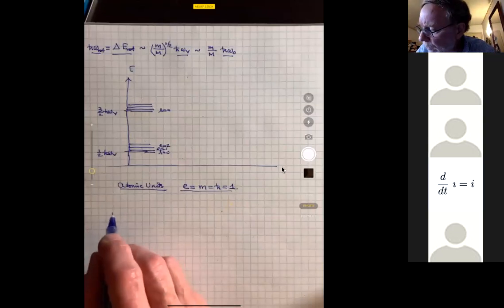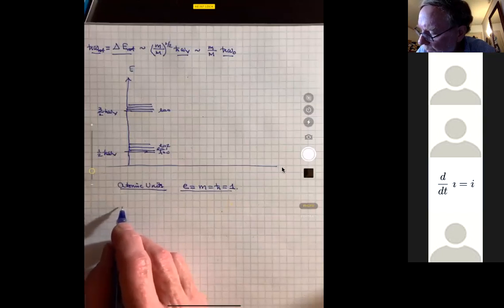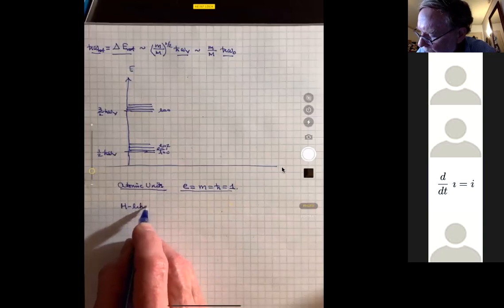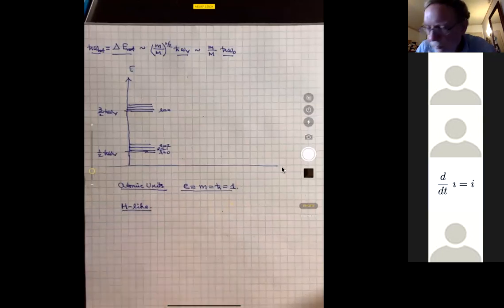Now, before we talk about hydrogen atoms, let me mention that I'd also like to talk in the same breath about what we call hydrogen-like atoms. A hydrogen-like atom is an atom that has one electron, but the nucleus is not necessarily a proton or a hydrogen nucleus. For example, singly ionized helium is the helium nucleus with one electron, and this is called hydrogen-like helium.